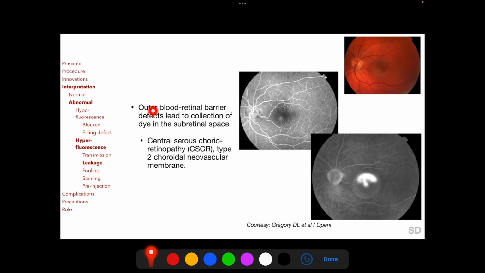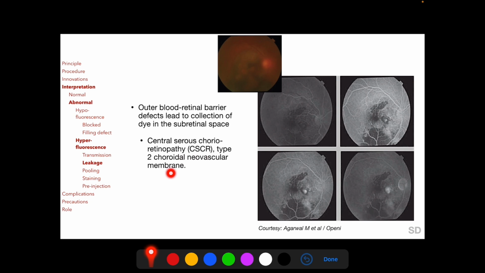And defects in the outer blood retinal barrier in the retinal pigment epithelium lead to collection of dye in the subretinal space, as found in central serous chorioretinopathy represented by these two angiograms, with the leak seen in the early angiogram increasing in area and intensity in the late angiogram, and choroidal neovascular membranes as seen here in this angiogram series. So this is the choroidal neovascular membrane, which increases both in area and intensity throughout the angiogram.